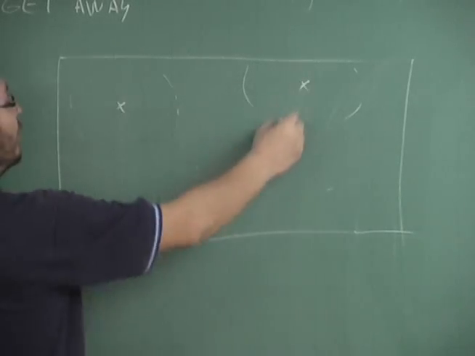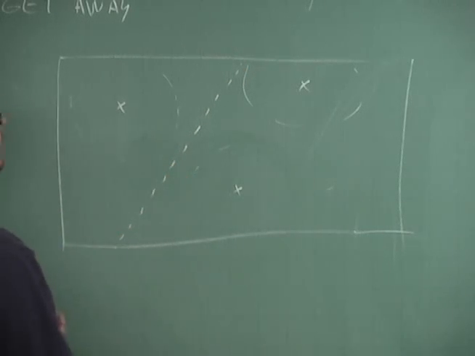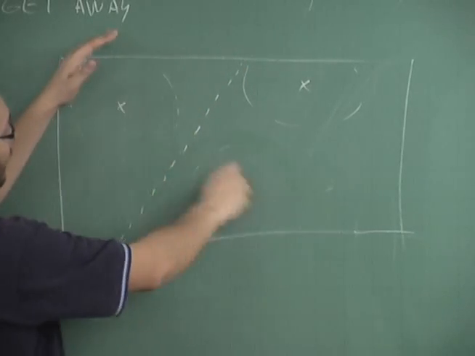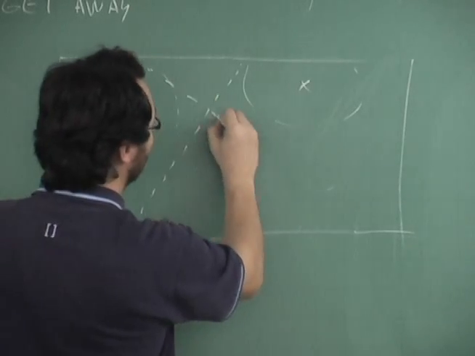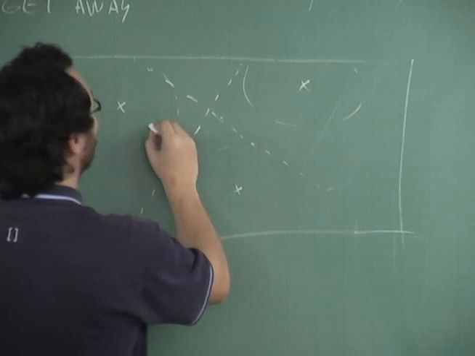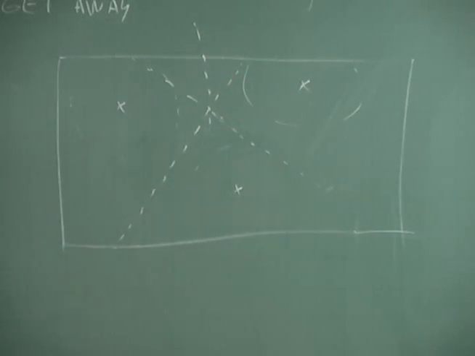For each pair of points, we can construct their separating line, the axis of symmetry of the segment, like this. Here it would be like this. And for these two, it will be like this. The axes have to intersect in the same place.